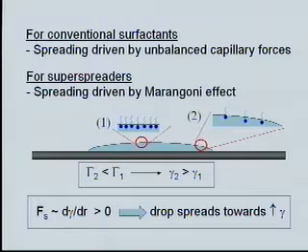So these guys say that, again, it's the Marangoni effect which is causing the spreading of the droplet. And what happens is that there's actually a gradient of surface tension all throughout the drop, where if you think of the drop as the top of it being this one big surface over which you have to spread all these surfactant molecules, there's one point where there will be no surfactant molecules, and that's the contact line. And so it's going to have the highest surface tension anywhere in the droplet.